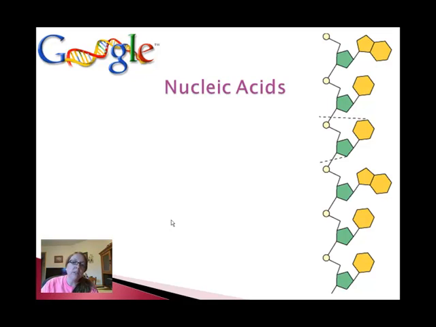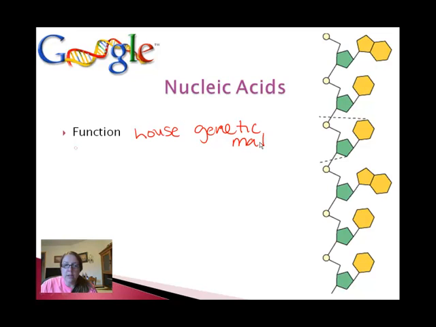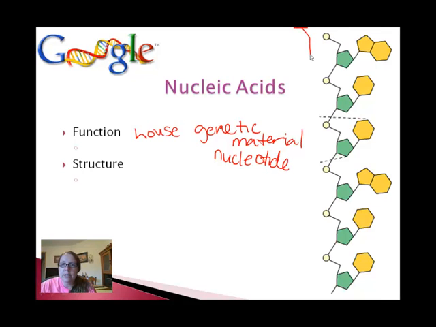The final macromolecule are nucleic acids, and their function is simply to house or store genetic material. Their structure, their monomer, is a nucleotide. And up here, if I can circle it, there's a nucleotide.